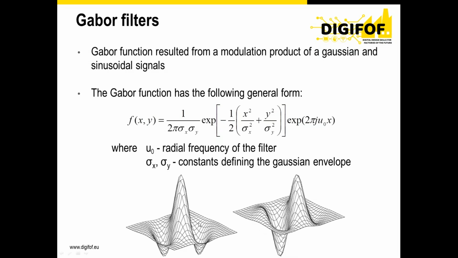Using, for instance, the real part of the Gabor function, we make a convolution between the image and the Gabor function. If the result is something near 0, then you can say that you have a process called resonance between the texture and the Gabor function.